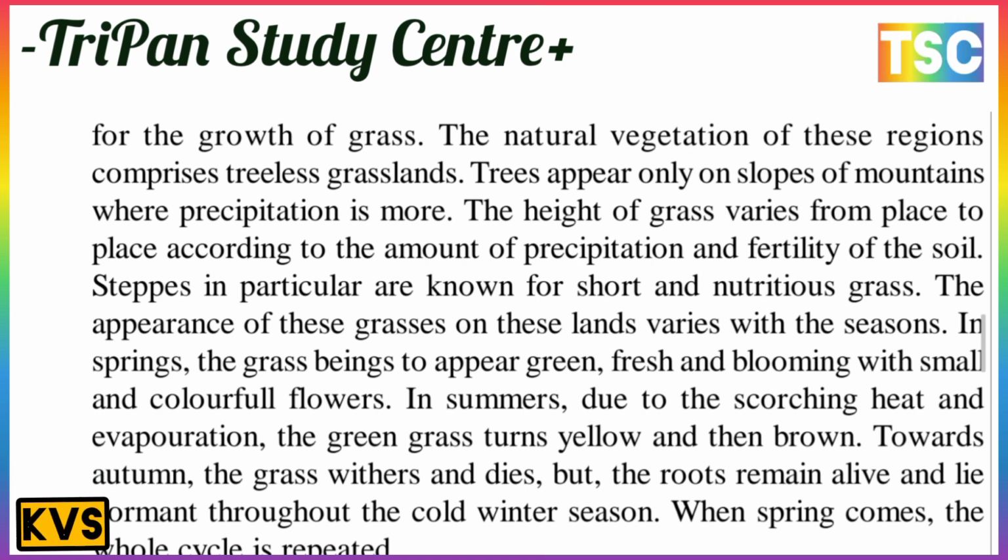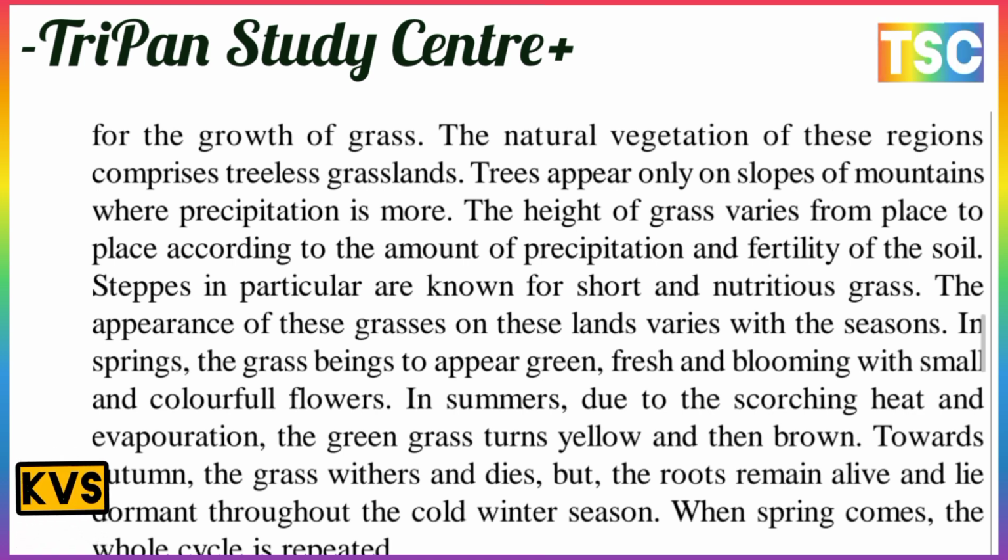The height of the grass varies from place to place according to the amount of precipitation and fertility of the soil. Steppes in particular are known for short and nutritious grass. The appearance of these grasses varies with the season.